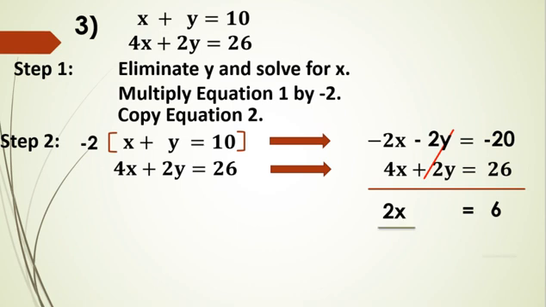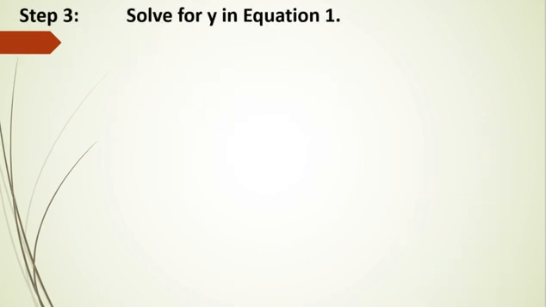Divide both sides by 2. X equals 3. Therefore, ang value ng x ay 3. Step number 3. Solve for y in equation 1. X plus y equals 10. Substitute 3 for x.